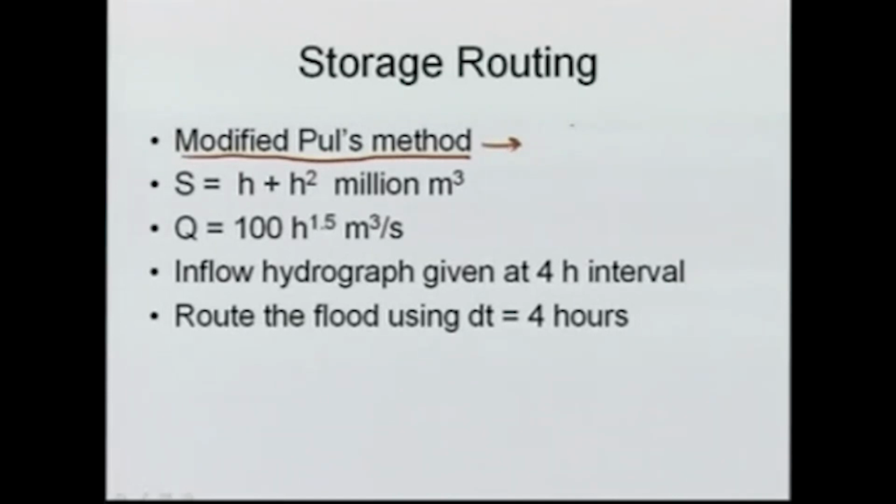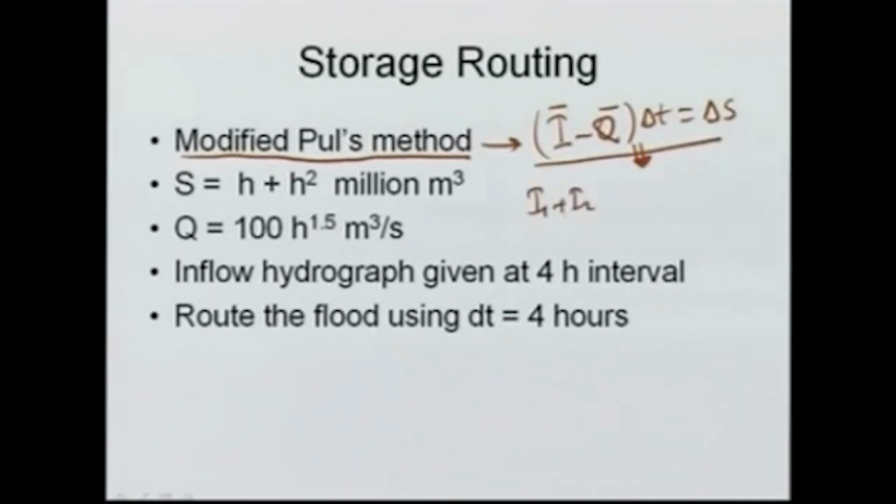It uses the same form, I mean minus Q mean value times delta t equal to delta S, which is converted in terms of (I1 plus I2) by 2 times delta t, a known quantity, plus another known quantity, S1 minus Q1 delta t by 2.